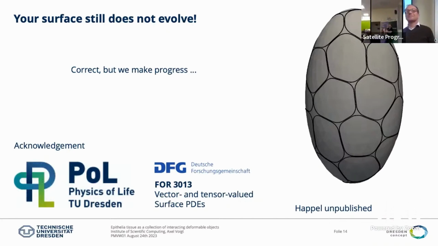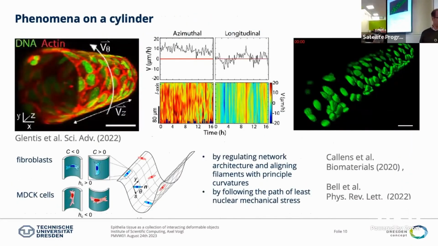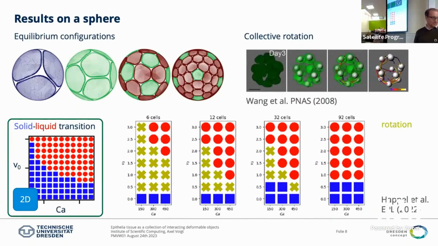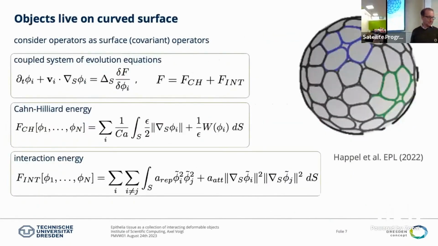You mentioned a solid-liquid transition as a function of capillary number. The capillary number, as I know it, is the ratio of viscosity and surface tension. Could you say how this relates to the parameters of the Cahn-Hilliard equation? Yeah, it's a surface tension. It's just a non-dimensional number. I don't have viscosity in here. But what do you call a capillary number then?